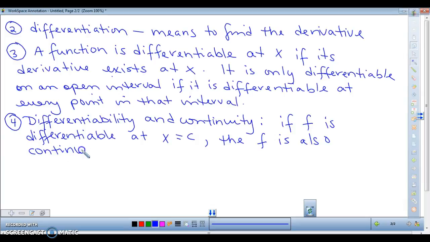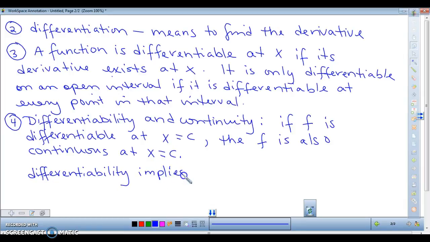That is a big theorem that they love to give multiple choice questions on in AP. Alright, so f is also continuous at x equals c. Now, the converse of that is not true. Differentiability implies continuity. So if it's differentiable, then that means that it is continuous.